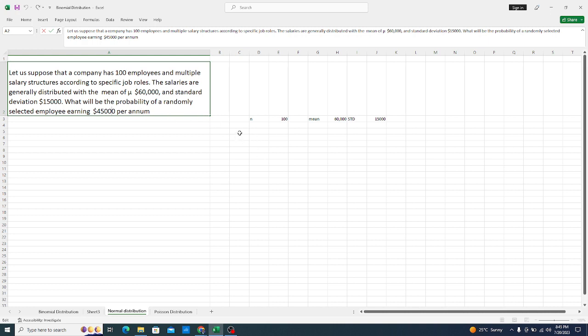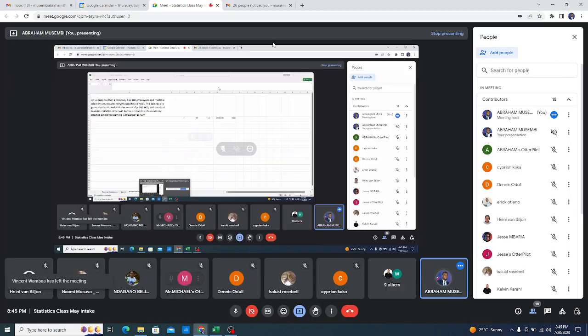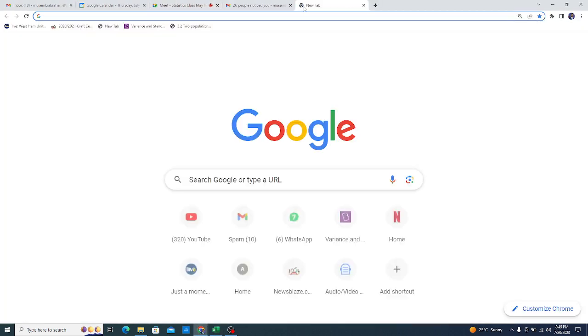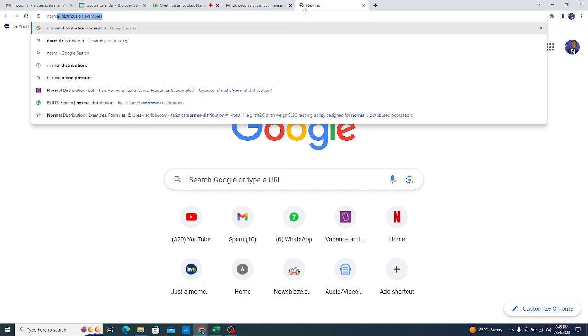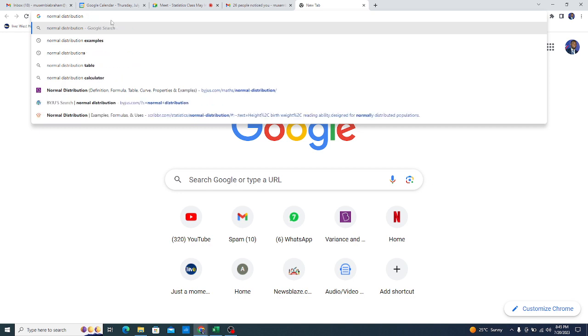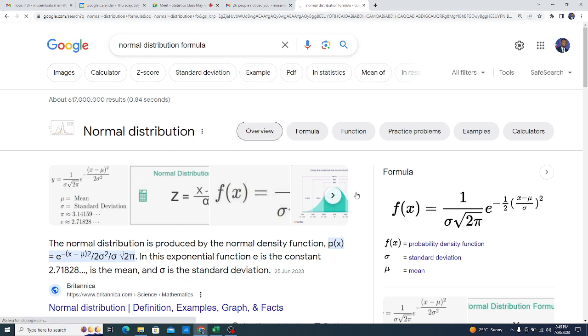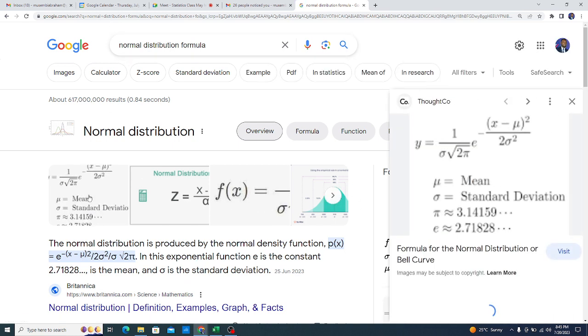Right. Now in this case we want to check the formula for the normal distribution. This is the normal distribution formula.